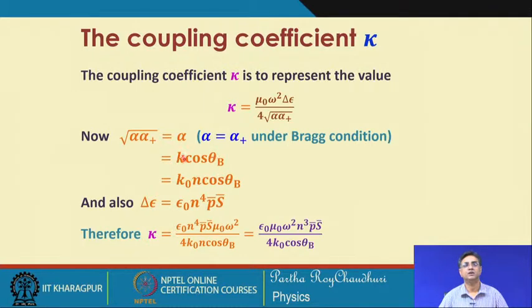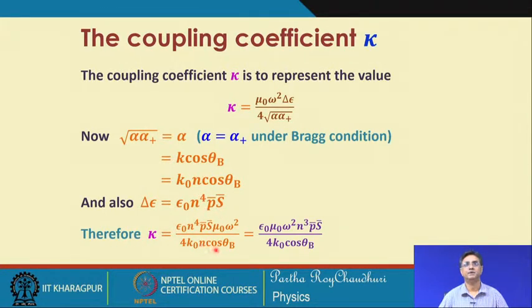Then we recall that the x component of the propagation vector will be given by k cosine beta. This is equal to alpha, and k0 n cosine beta, because k is equal to k0 times n of this medium, and also delta epsilon, this we have seen, is equal to epsilon 0 n to the power of 4 p and s.